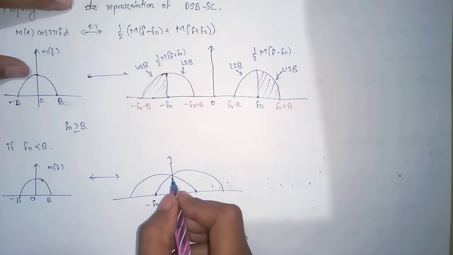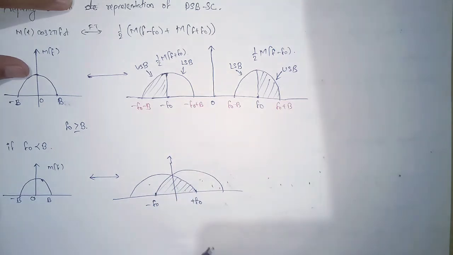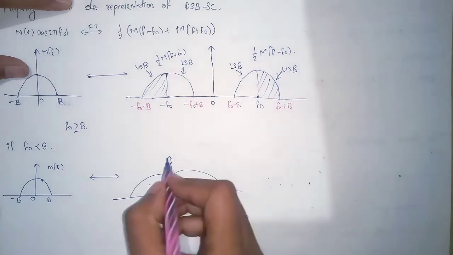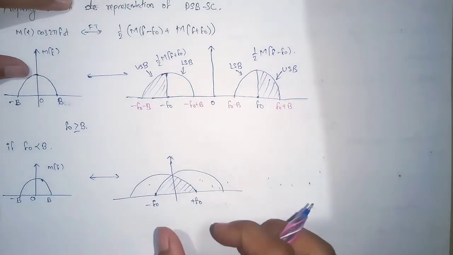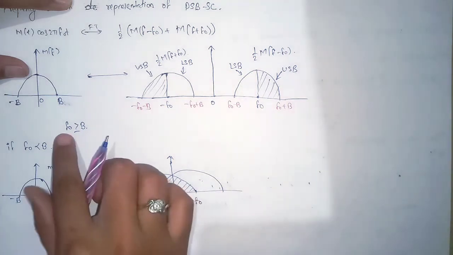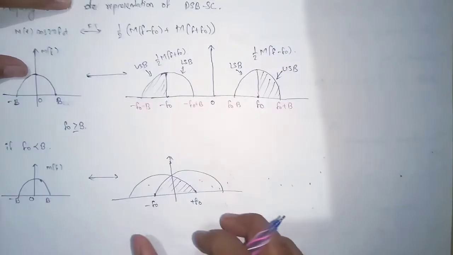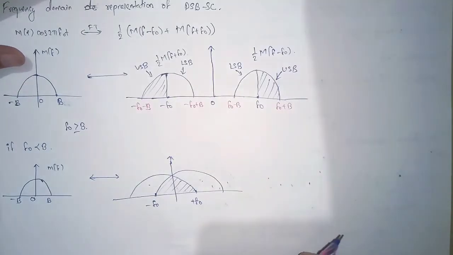So you can clearly see that the two signals are overlapping each other in this region, due to which the message will be lost during modulation, and this cannot be recovered at the receiver end. So that's why, to avoid this, f0 should always be greater than B, and hence this is the modulation. Let's move to the demodulation process.